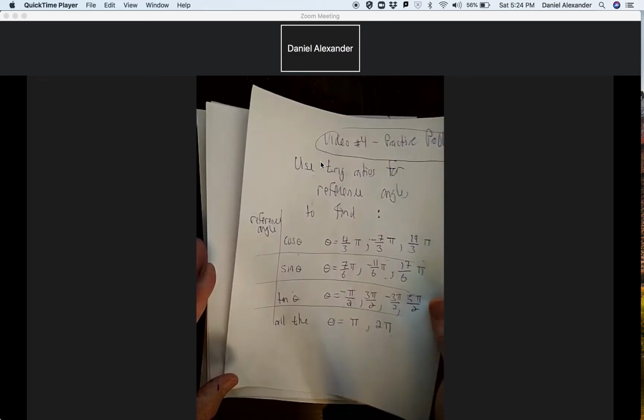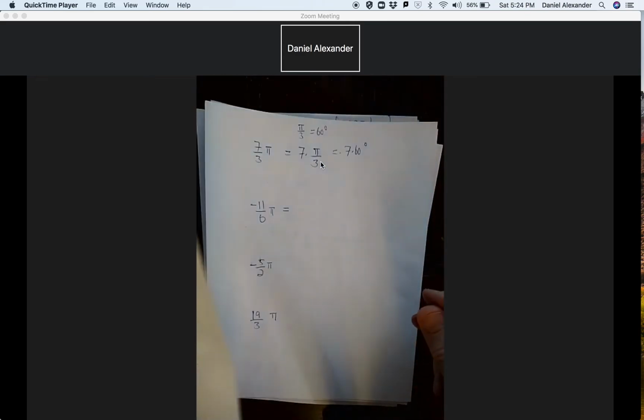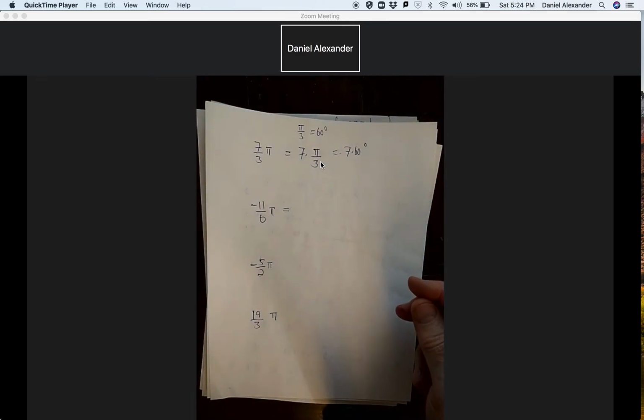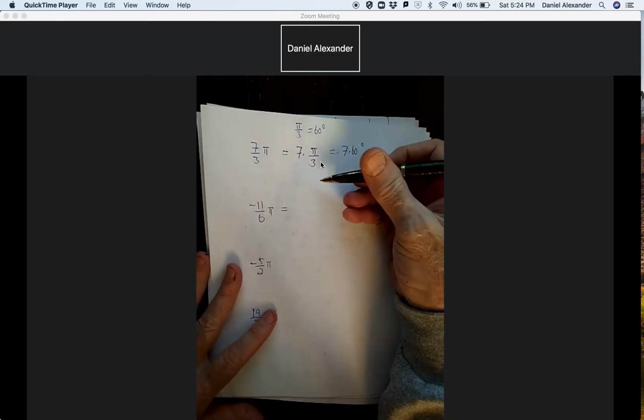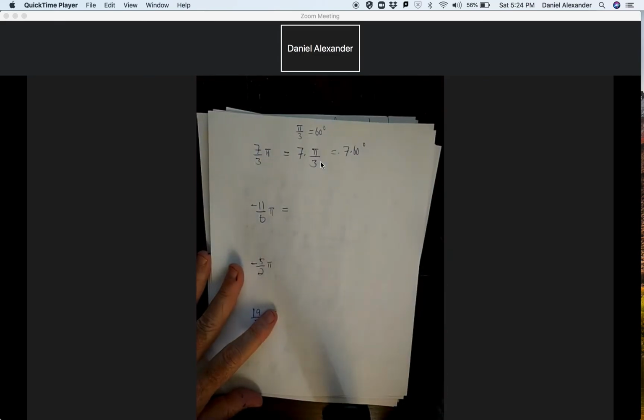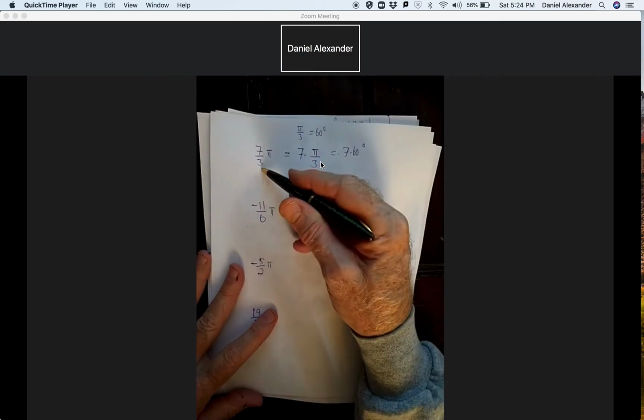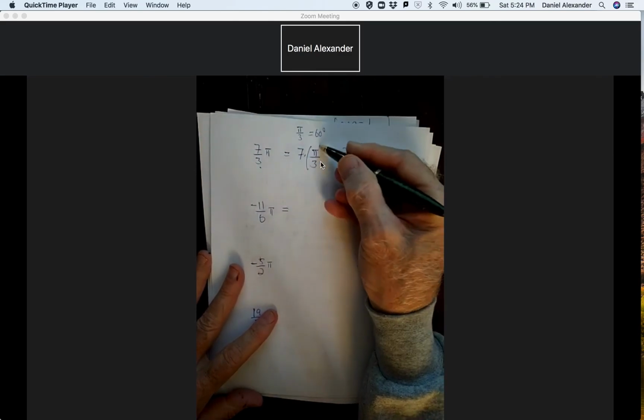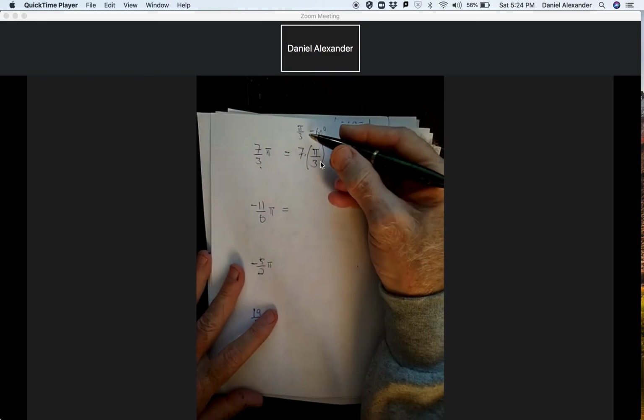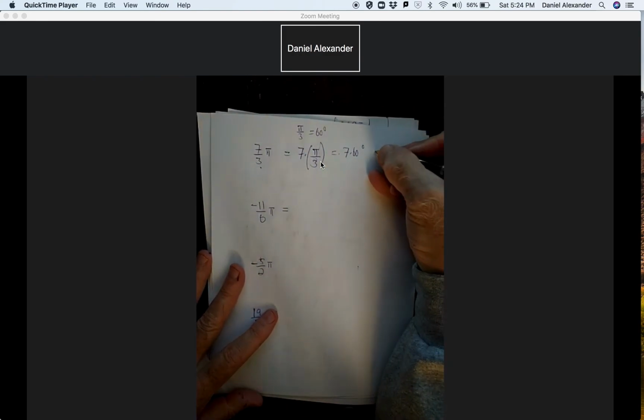So I want to go through a little bit of math, which I haven't really spent much time on, to help you figure out what 7/3 pi really is. I think of it as 7 pi over 3s because that's the reference. Pi over 3 is 60, so this is going to be 420 degrees.